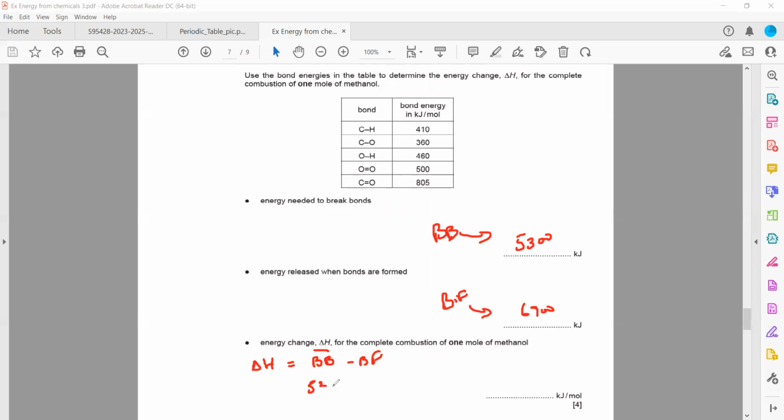So 5,300 minus 6,900 will give us, sorry, this 5,600 was there, not 300. This 5,600 minus 6,900 will be minus 1,300 kilojoules per mole.